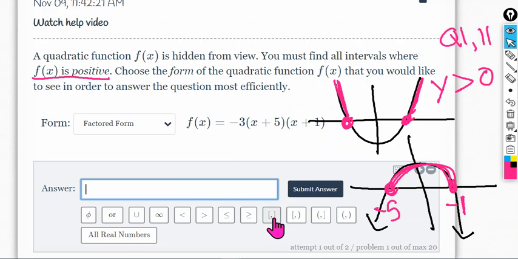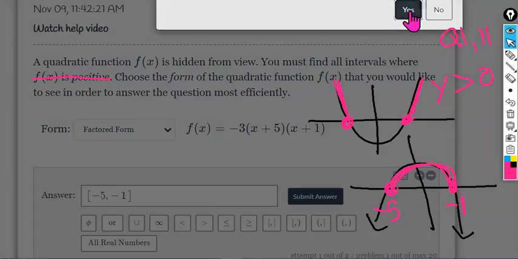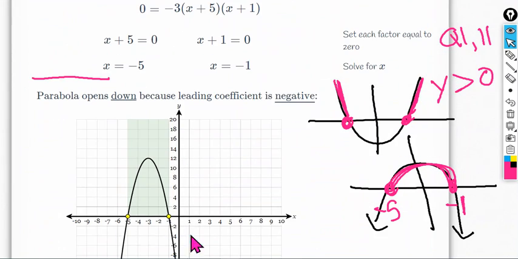Now I'm not really sure if it wants open or closed brackets, so we're going to try closed. But notice concave down because of the negative. Positive is above or below the axes? Positive is above. Cross my fingers. Yay! Look at that, positive. That's above the axes.